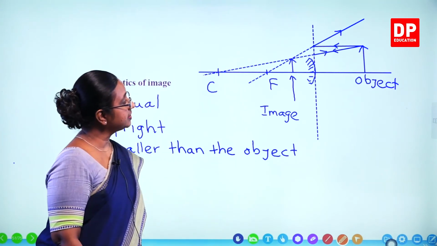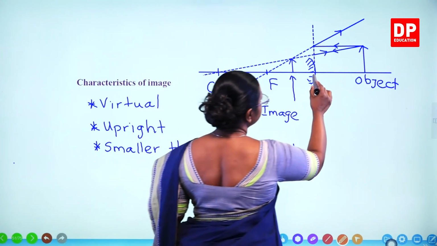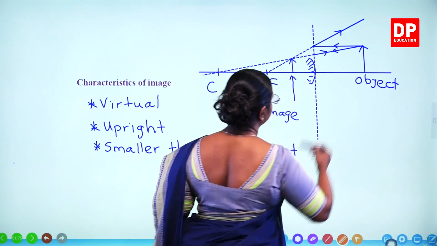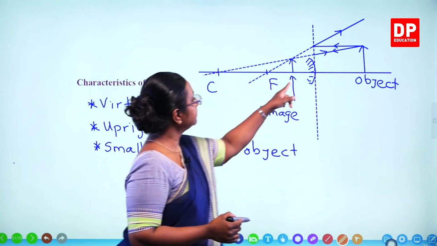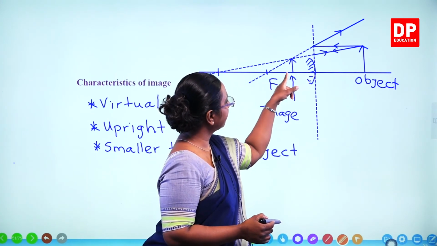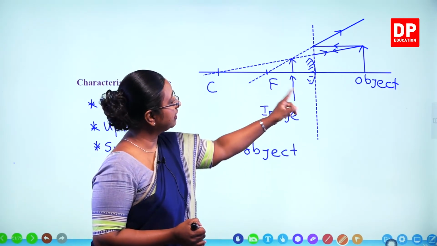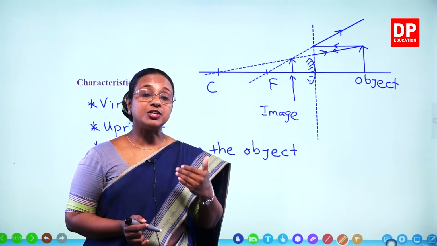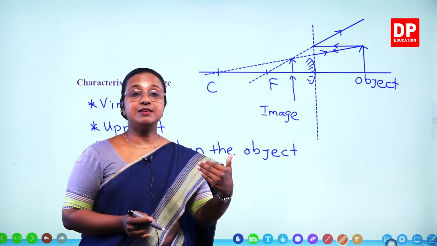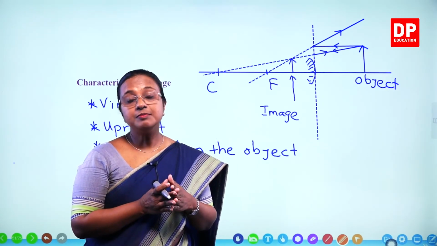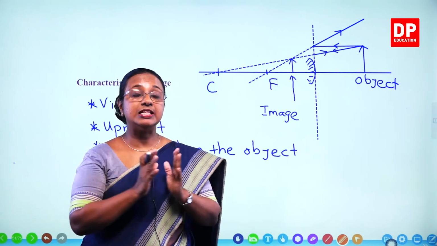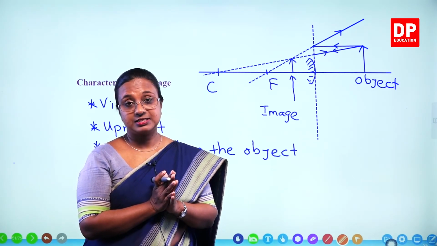And what is the position? Here you can see this is the distance between the mirror and the object, and this is the distance between the mirror and the image. That is less than the mirror and the object distance. So actually they look as if they are in a different position. You don't see the exact distance.